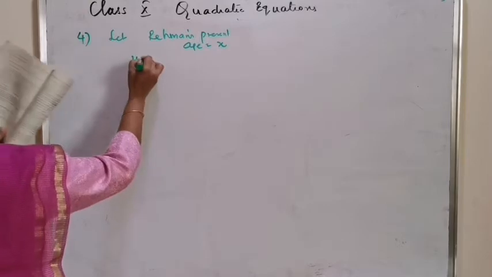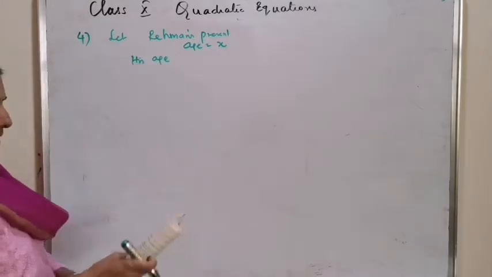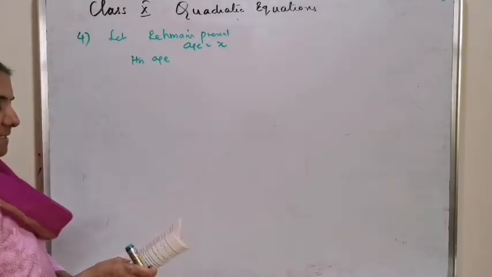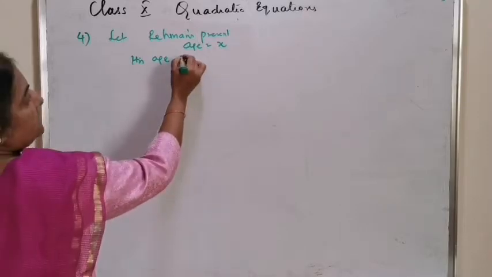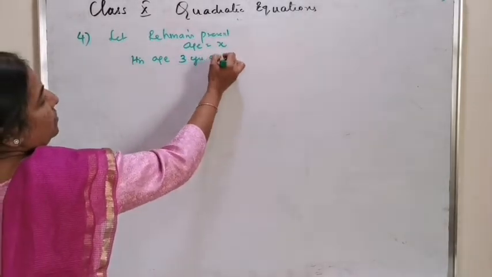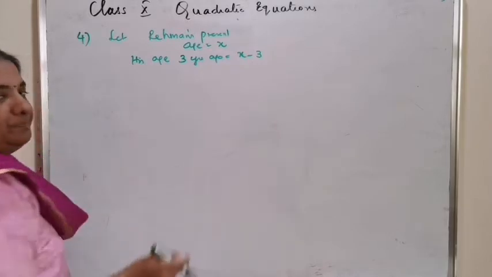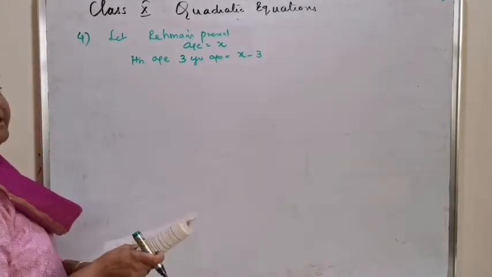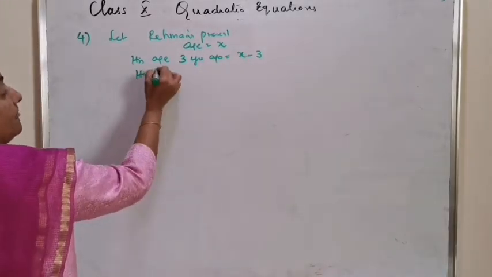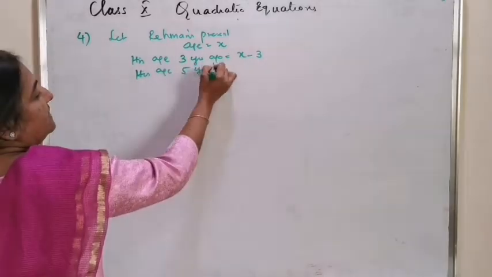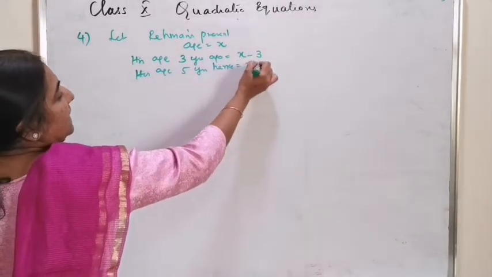So what will be his age 3 years ago? His age 3 years ago is x minus 3, and his age 5 years hence is x plus 5.